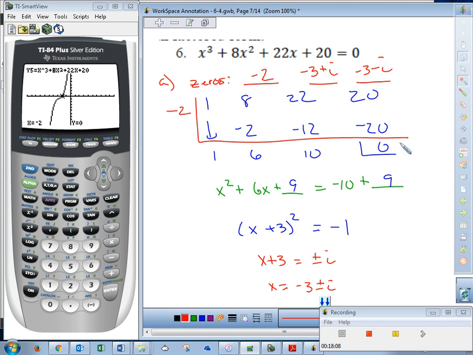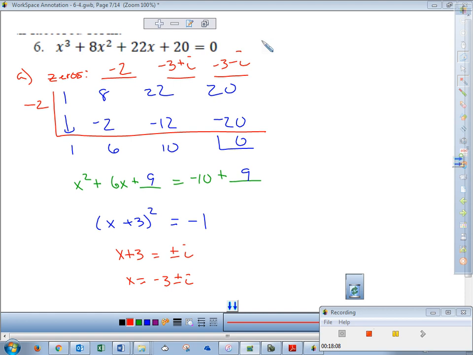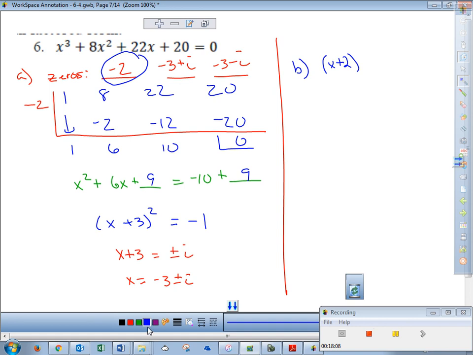Part B wants it in factored form. So, blow it up, Chris. Part B, wherever you got room, what would this turn into? x plus 2, times the quantity of x, and then the opposite of both of those guys.